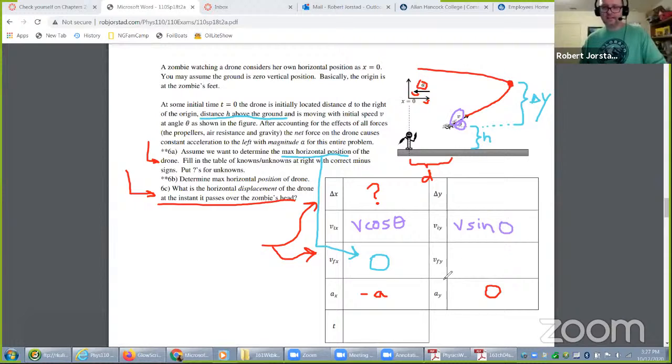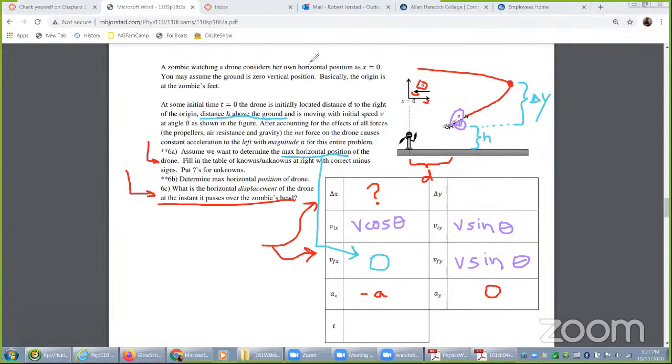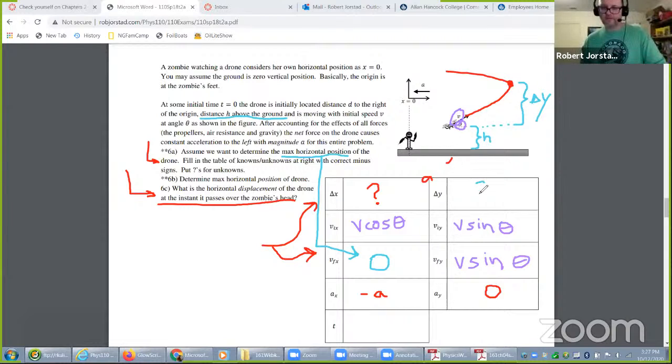And then somebody said, I think it was Jake earlier, that this is the same as V initial, right? And then I think what we said earlier is we don't know what delta Y is, and I don't think anything has told us anything about time. So we see a typical problem has 3 question marks, and there we go.